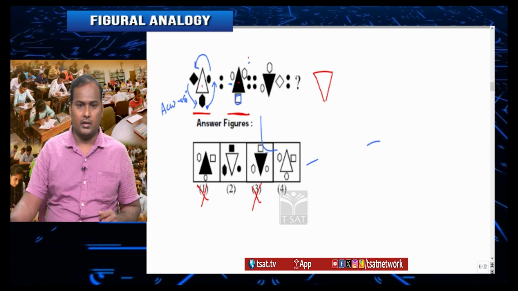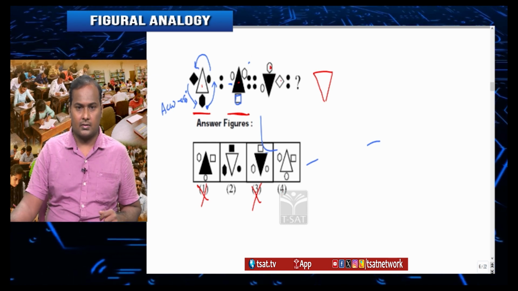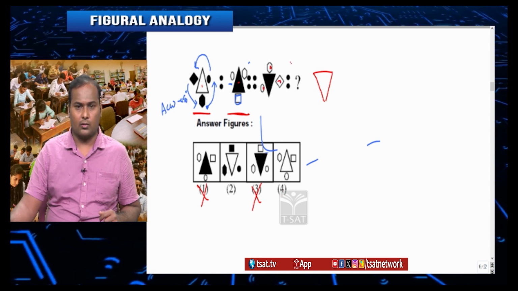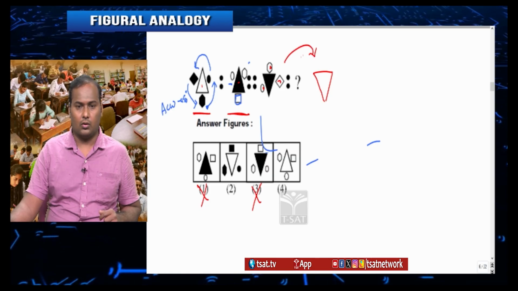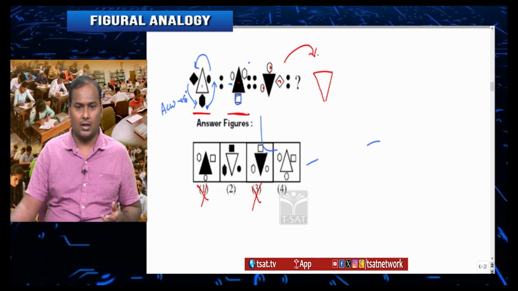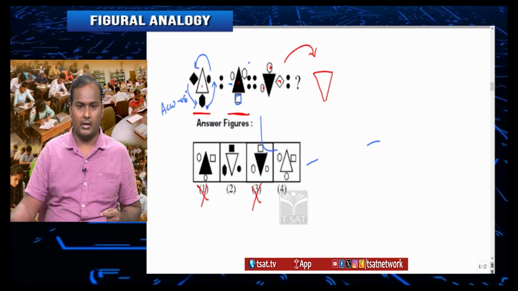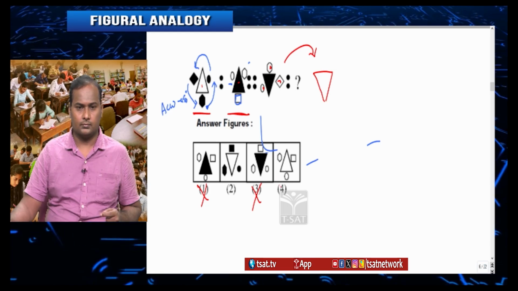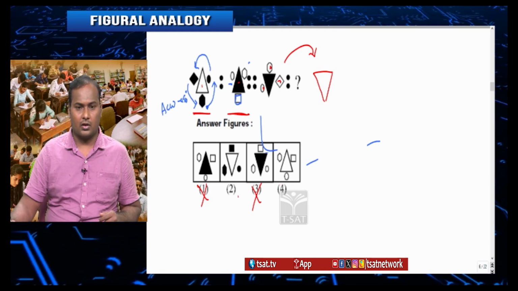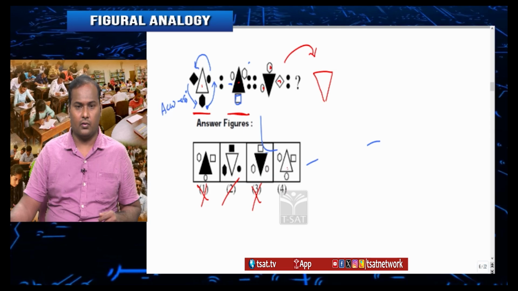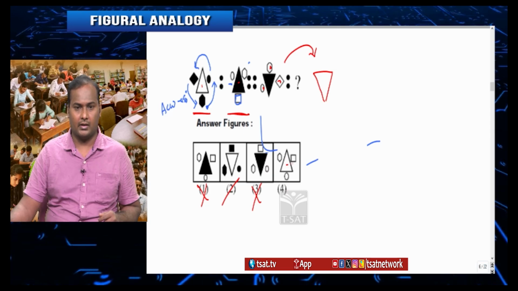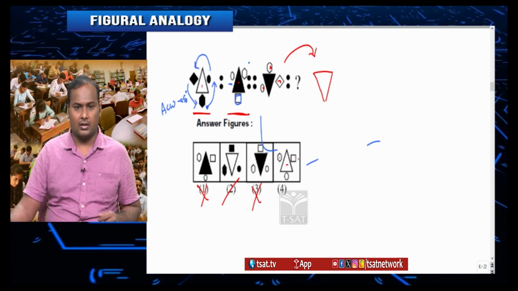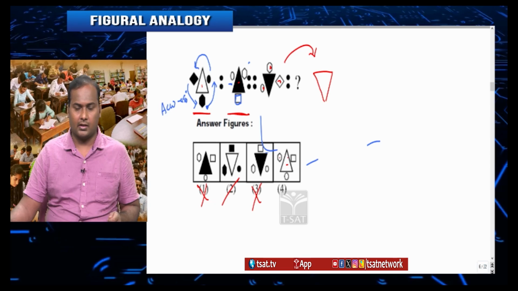But here in the question these are lighter colors. So these lighter colors, when they move onto the other side, they are becoming darker. So they can't be lighter here as well. So your answer is option 2, because in option 4 everything is light. The triangle is in lighter color, the circle, the hexagon, the square, everything is light in color.